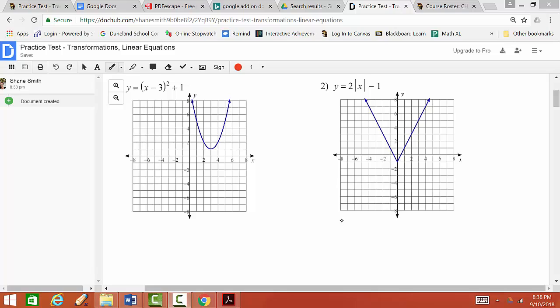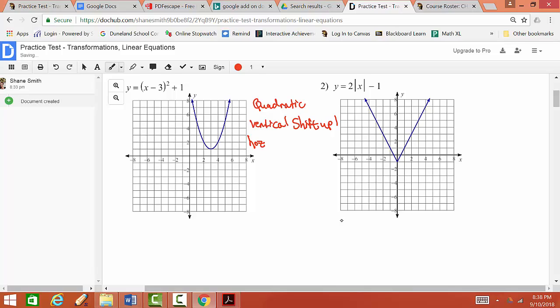So the first thing we have to do is name the function. The first one is a quadratic because it's a parabola and because of the squared. There's a vertical shift up 1 because of the plus 1. I apologize for my poor handwriting in this.